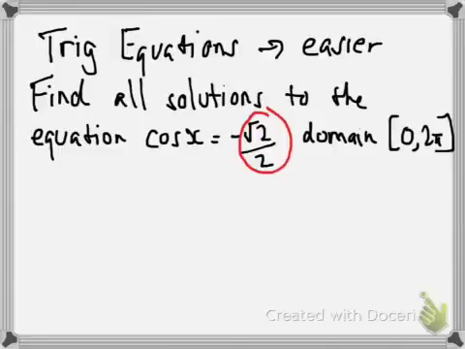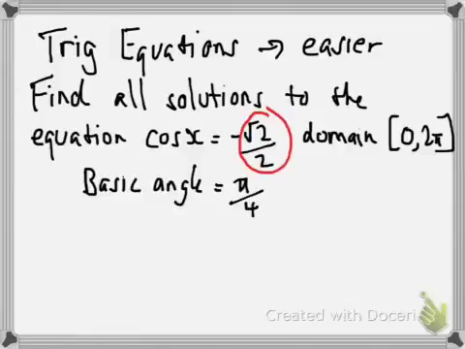Now you may know, or if you don't know, you can look up the table on page 300 in your text or the information sheet for the exam, and you can see that an angle that has a cosine of root 2 on 2 is pi on 4, and we're going to use radians here. I should have mentioned that. So basic angle equals pi on 4. So we'll start with that.